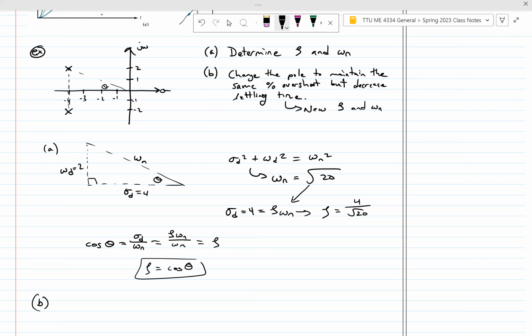Okay. Increase along that angle, right? Increase what values? Sigma d and omega d.